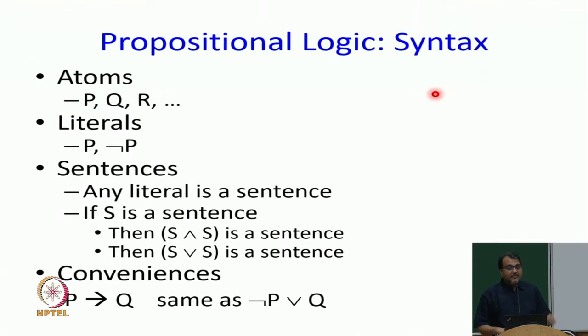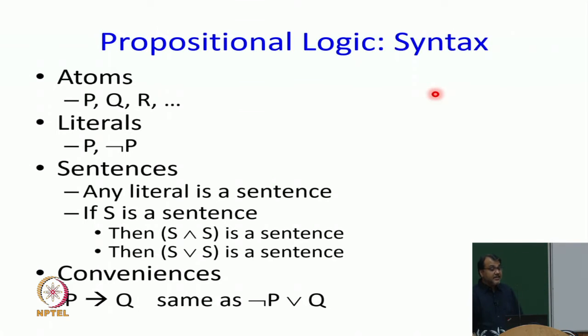And with each atom I have two literals. So with P I have P and not P as my literals. P stands for P is true and not P stands for P is false. Then I have sentences.